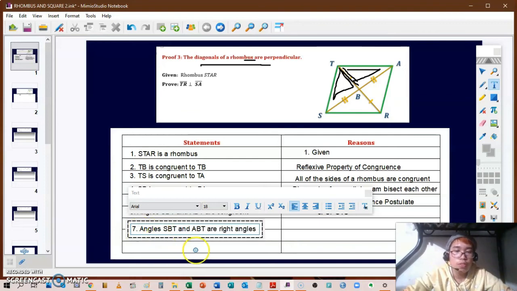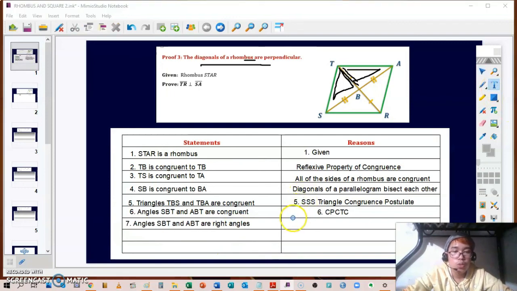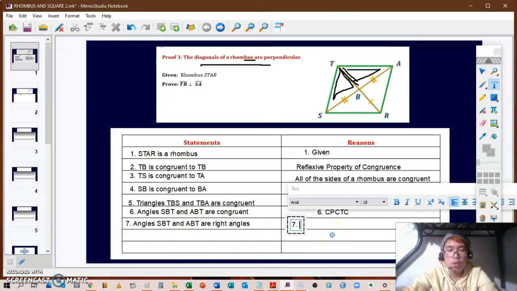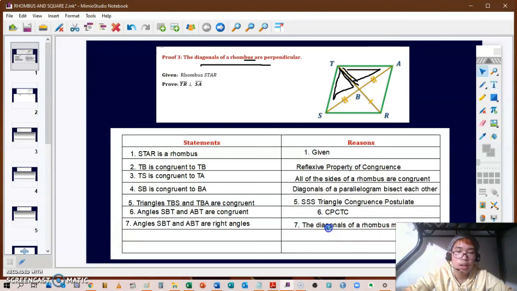What's the reason for that? If you remember the properties of a rhombus that we discussed a while ago, one of its properties is that the diagonals of a rhombus meet at 90 degrees. So that's one of the properties.